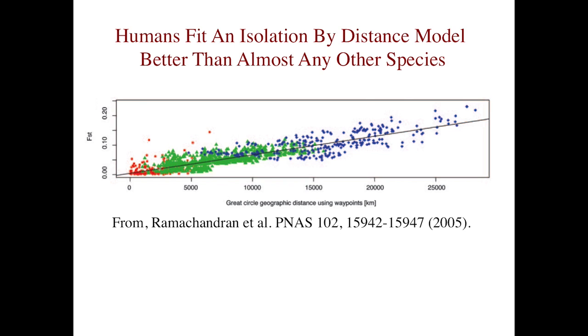And you can see that, in fact, most of the genetic differences between human populations, that small 4% on average, is actually explained by geography. Geography is the single most important predictor of how different two human populations are, even though those differences are very minor.